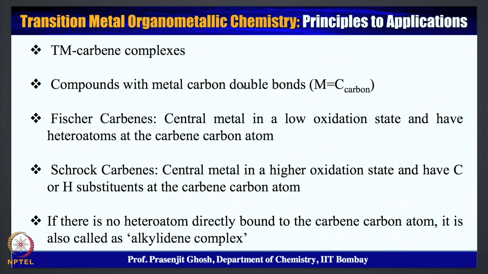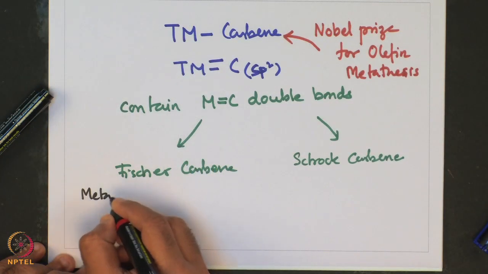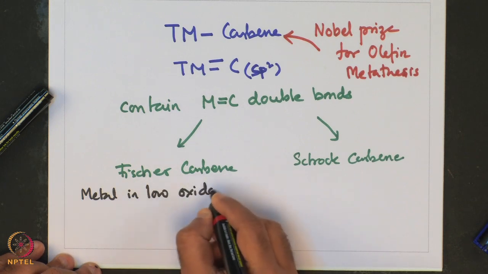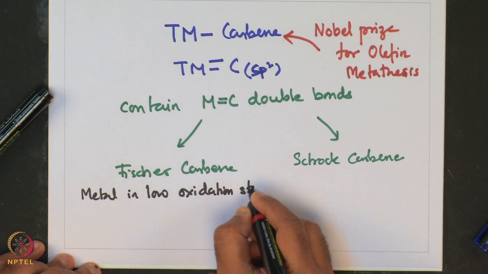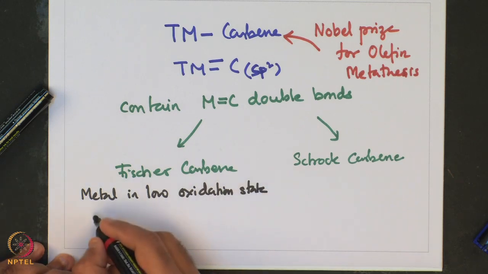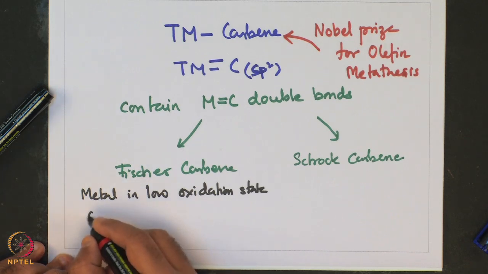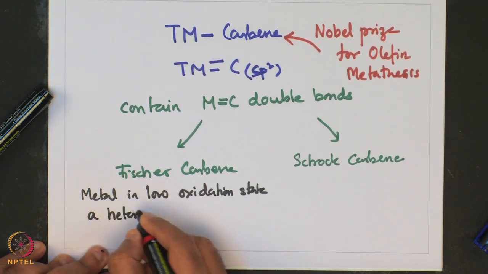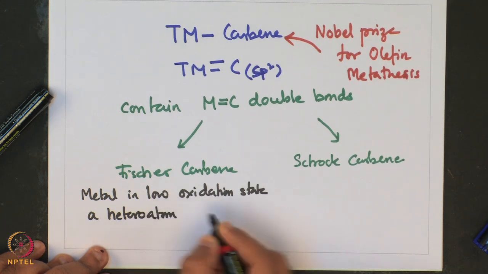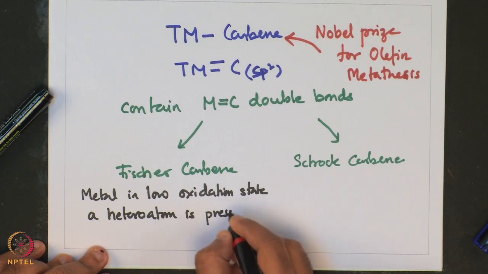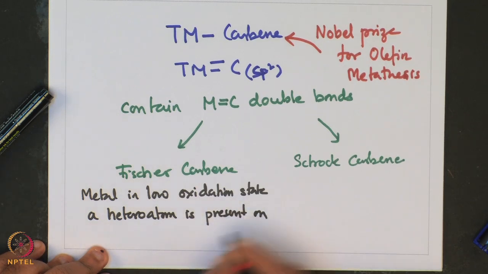The difference being that in Fischer carbene the metal center is in low oxidation state, and the carbon has a heteroatom present on the carbenic carbon.